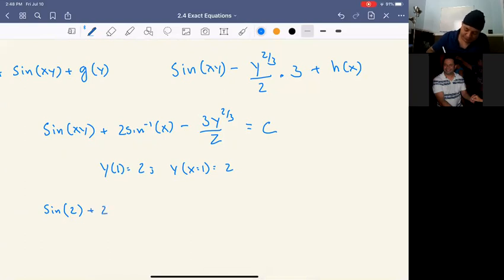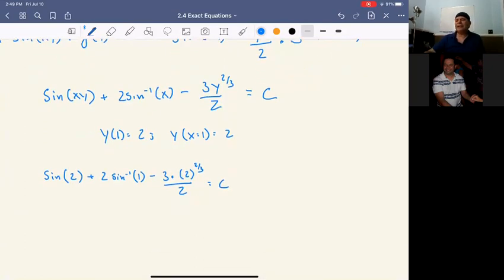Plus 2 sine inverse of 1. I know sine inverse of 1, at least I think I do. Minus 3 times 2 to the 2/3 divided by 2 equals c. So now we have our constant. Sine inverse of 1 should be pi over 2. Sine of 2 is just a number. That one I picked badly.